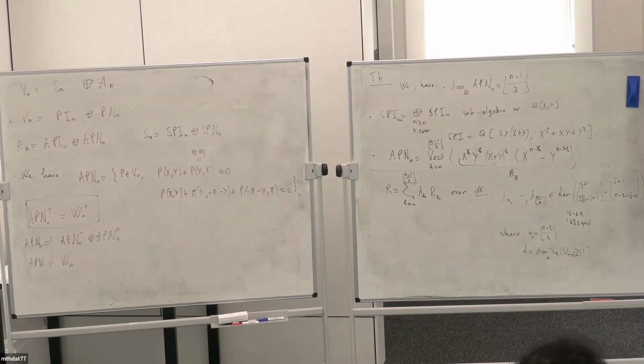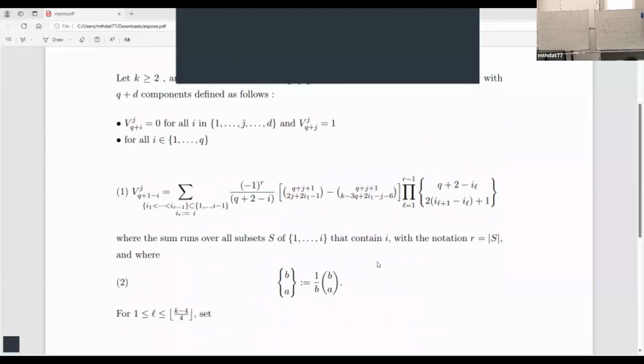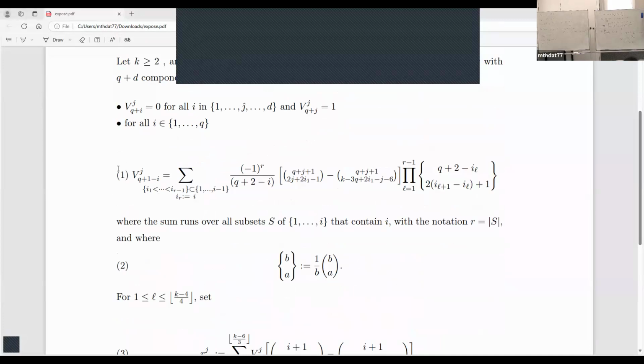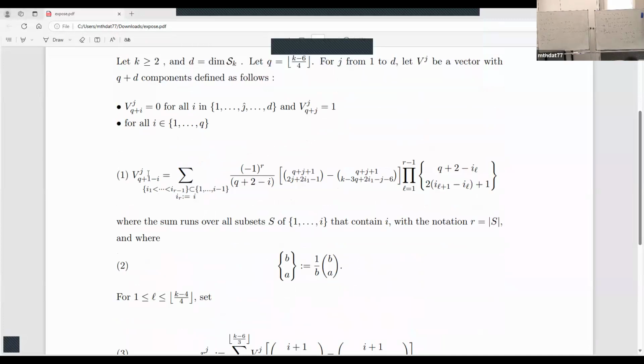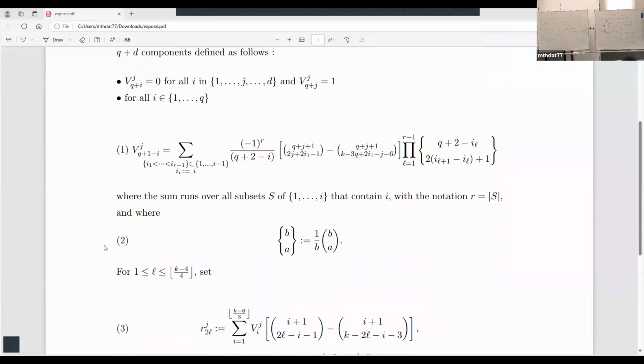We defined some elements that correspond to the linear combinations being in the kernel of this matrix, and because the basis I gave for APN is not given explicitly on these elements, we just have to do a small correction in order to have an explicit formula.